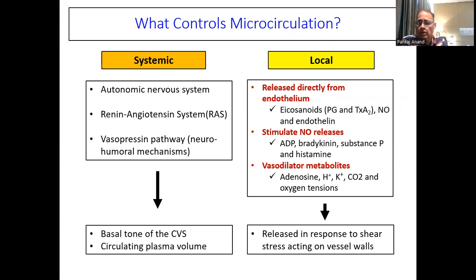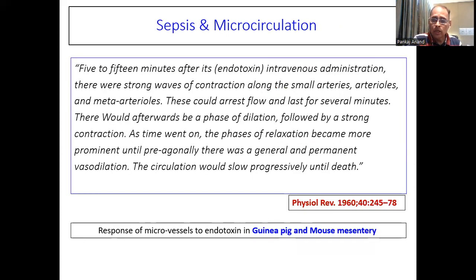At the local level, the release of various neurohormones, chemicals directly from the endothelium, or the stimulation of the nitric oxide release or the vasodilator metabolites in response to the shear stress acting on the walls of the vessel is what controls the microcirculation.